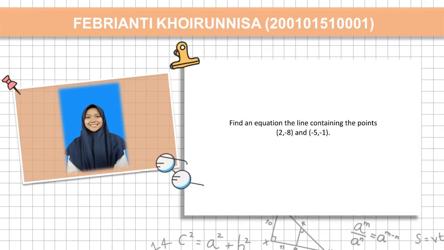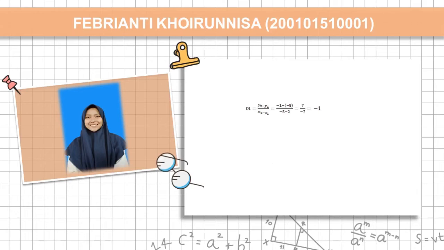And the answer: firstly, we must know the value of the gradient. To find that value, we can use the formula m equals y2 minus y1 over x2 minus x1. From the points we can see y2 equals -1, y1 equals -8, x2 equals -5, and x1 equals 2.